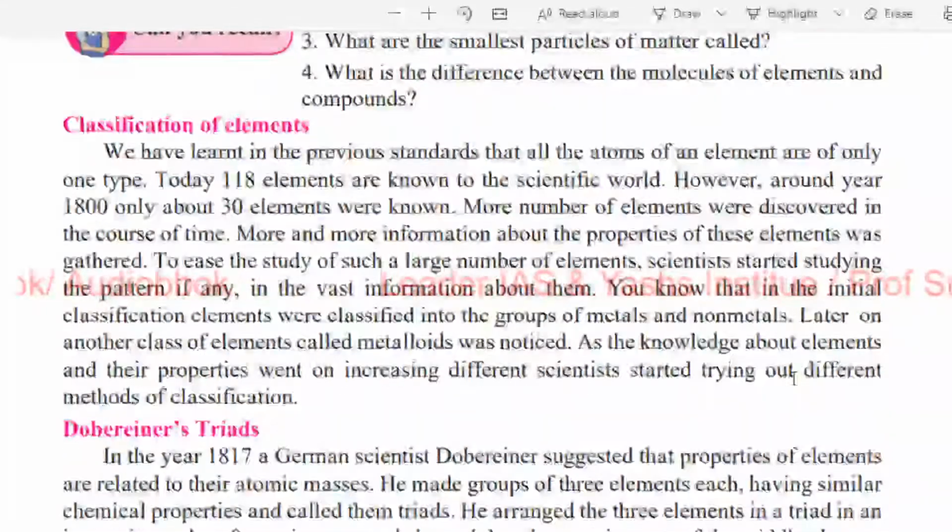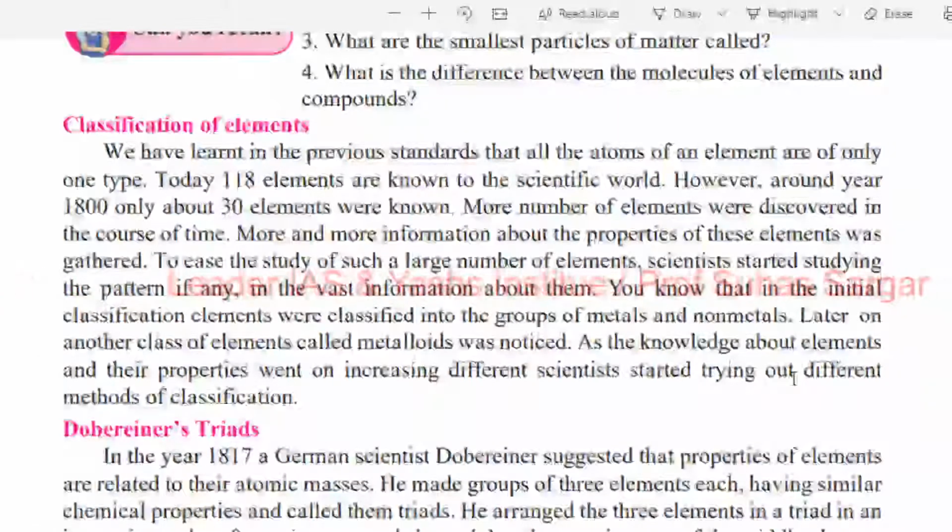Classification of elements. We have learned in the previous standards that all the atoms of an element are of only one type. Today, 118 elements are known to the scientific world. However, around the year 1800 only about 30 elements were known.